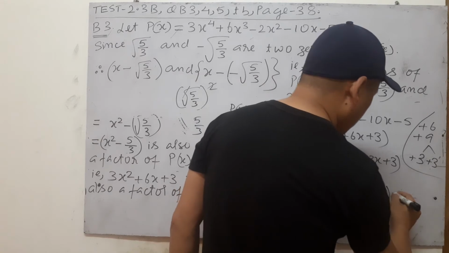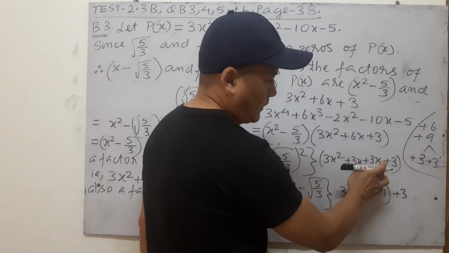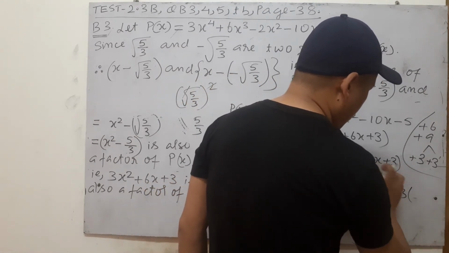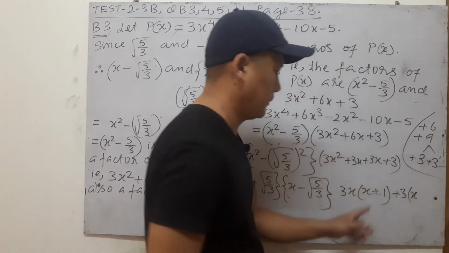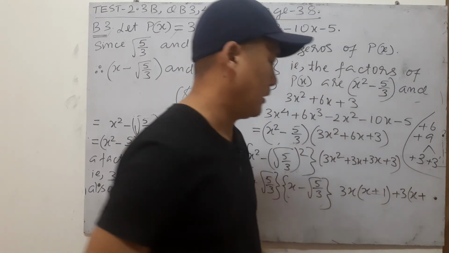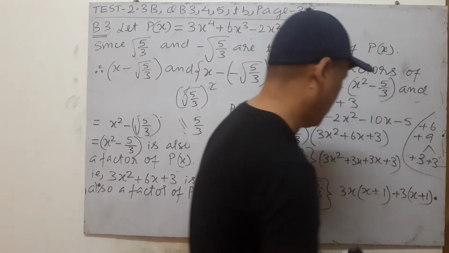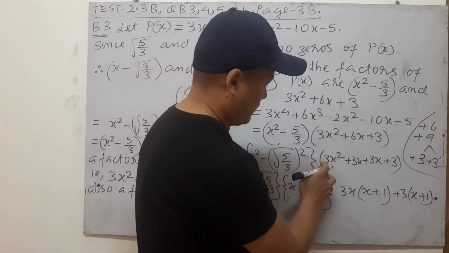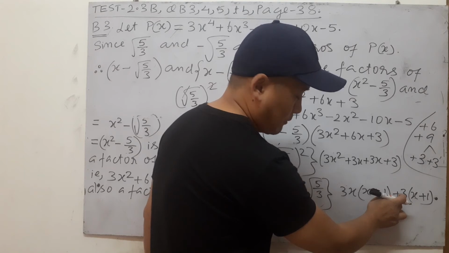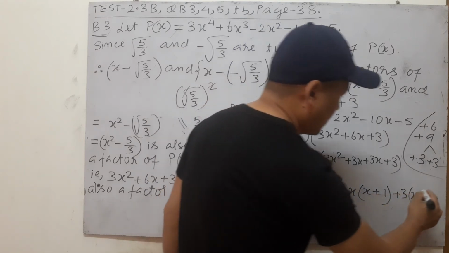Then you combine these two: the highest common factor of 3 and 3 is 3. x is here but not here, so that's not a common factor, so you put a bracket. 3 gone out, so x will be inside, plus into plus is plus, 3 ones are 3. Here it is multiplied, so to indicate multiply we put a second bracket.